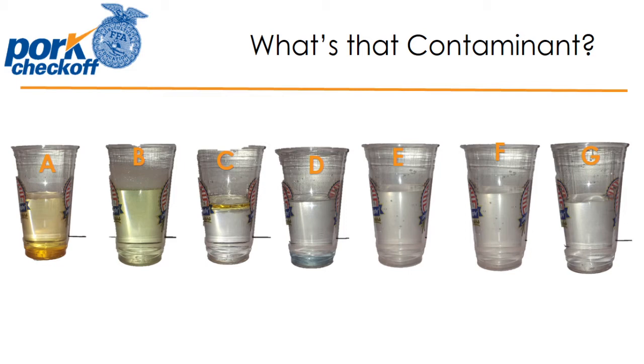Now remember, 6 out of the 7 are contaminated here. They have some kind of chemical contaminant. So, I am going to mute the microphone and give you guys 30 seconds starting now.